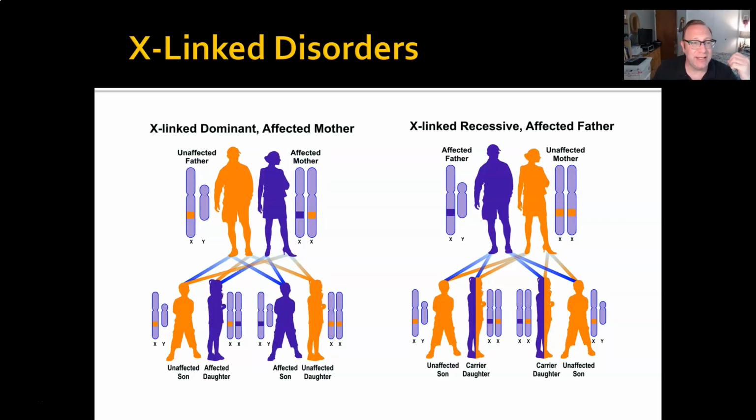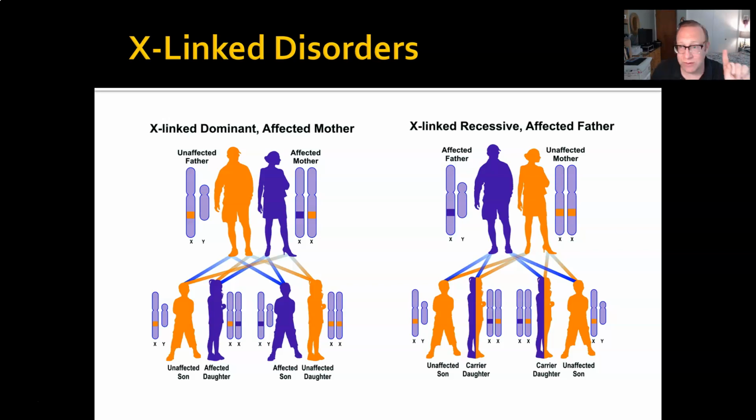Now, when you have an X-linked dominant trait, things look even more different. With an X-linked dominant trait, the mother passes it on, but she doesn't pass it on to her daughters as carriers. She is affected by the disease, number one, because it's dominant. You only need one copy.